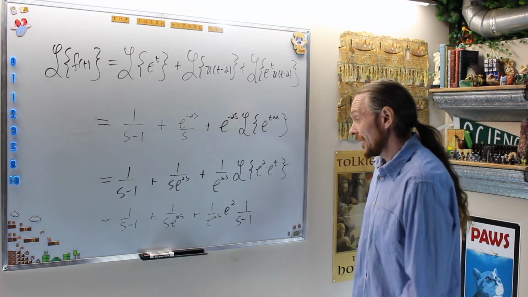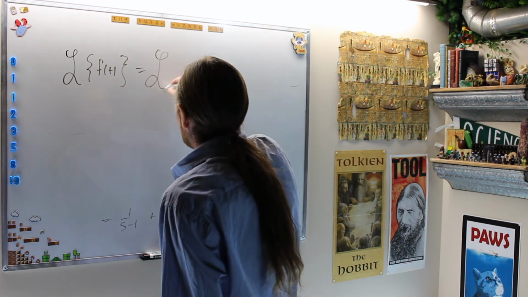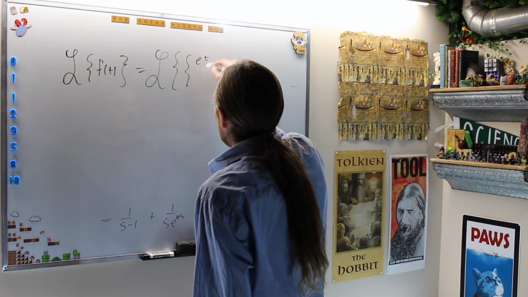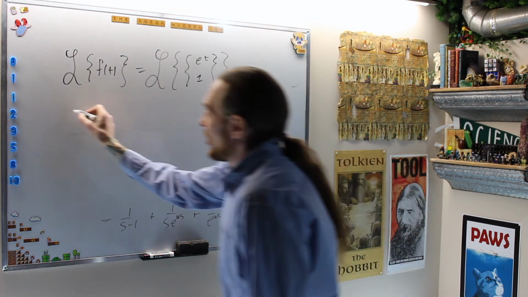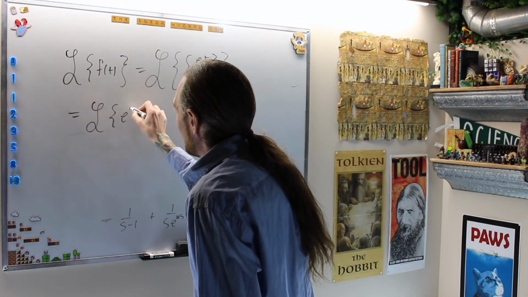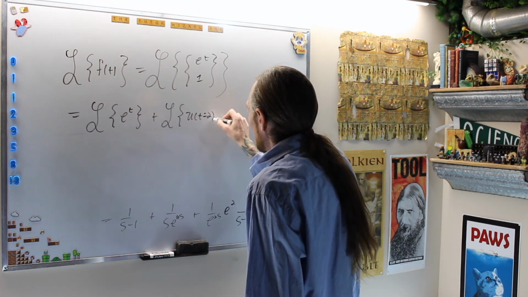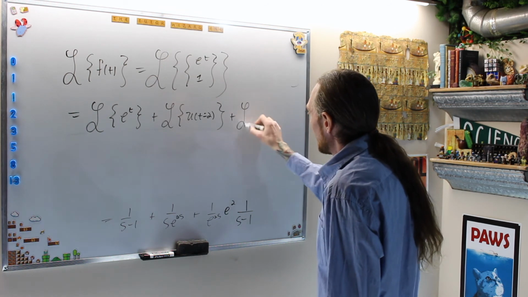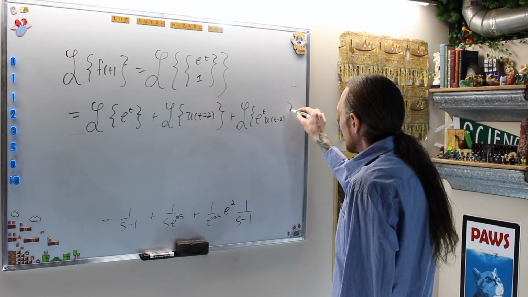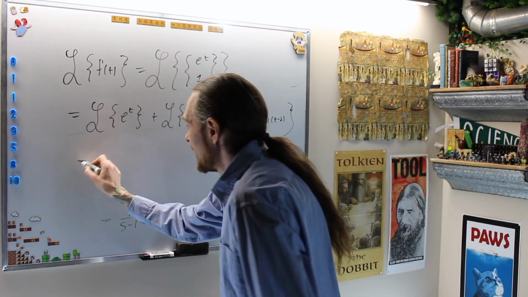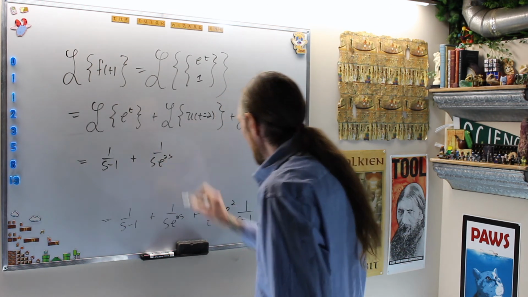Let me clean that up one more time. The Laplace transform of f of t, which was the Laplace transform of e to the t times 1, which was more importantly the Laplace transform of e to the t we found, plus the Laplace transform of the unit step function shifted by 2 to the right, plus the Laplace transform of e to the t times that step function shifted by 2, is now equal to 1 over s minus 1 plus 1 over s times e to the 2s.